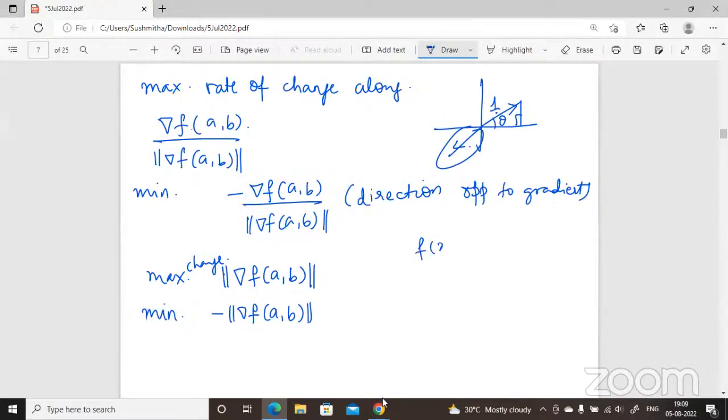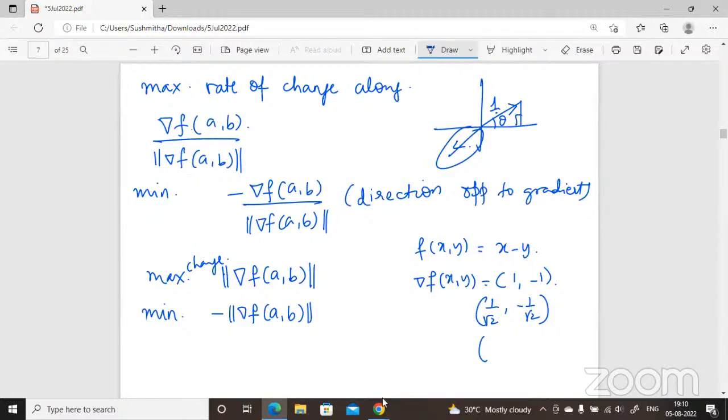Let's take this function: f of x comma y is x minus y. What is the gradient of this function? 1 comma minus 1. The maximum rate of change occurs along what direction? The same direction, after we take the norm of it. And along what direction does the minimum rate of change occur?